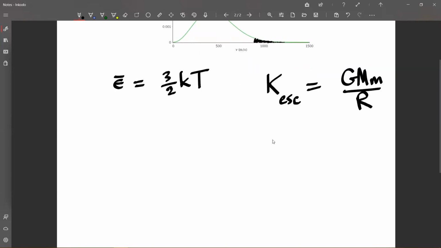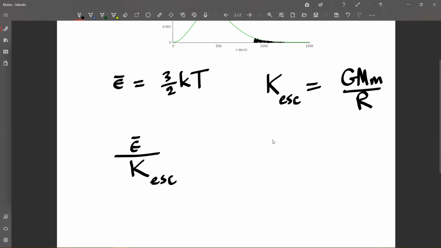So what we'll do now, as suggested by the book, is just look at the ratio of the average energy per particle of gas in the atmosphere, and compare that to the required escape energy. And we'll do that for 2 different gases, nitrogen and hydrogen.